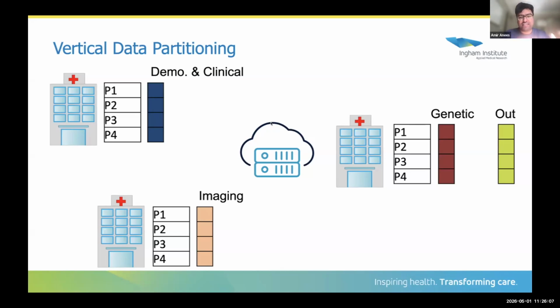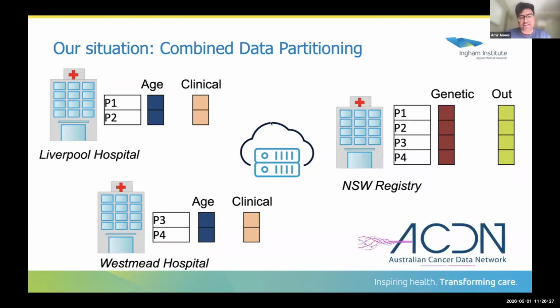However, in reality, data isn't cleanly divided as purely horizontal or purely vertical. Some clients may have overlapping patients, some may have different patients, but for the same data features. This makes a much more complicated data partitioning scenario, what we call combined data partitioning.